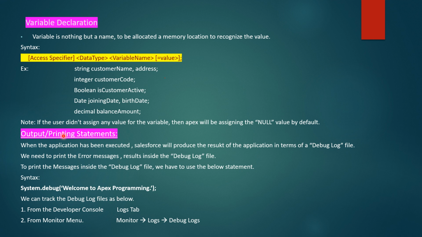Coming to output or printing statements: when the application has been executed, Salesforce will produce the result of the application in terms of a debug log file. When we execute some logic or program, we need to know whether our logic is working fine.